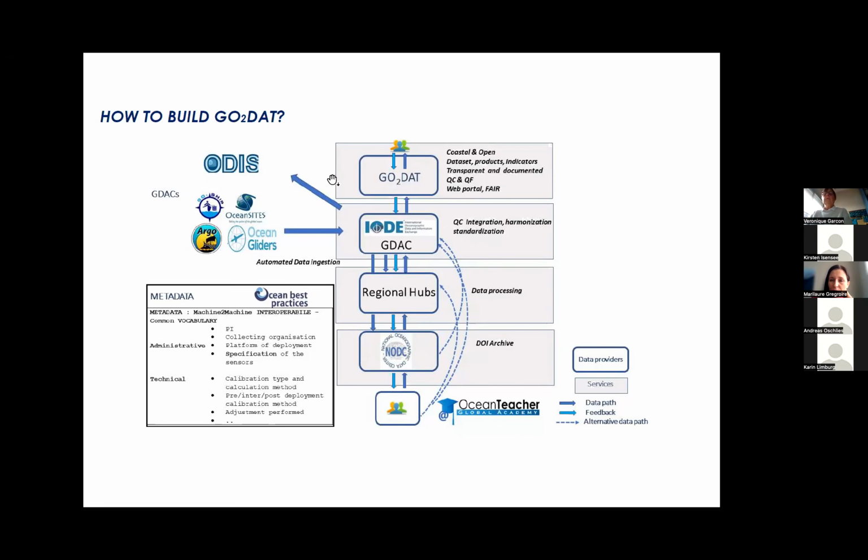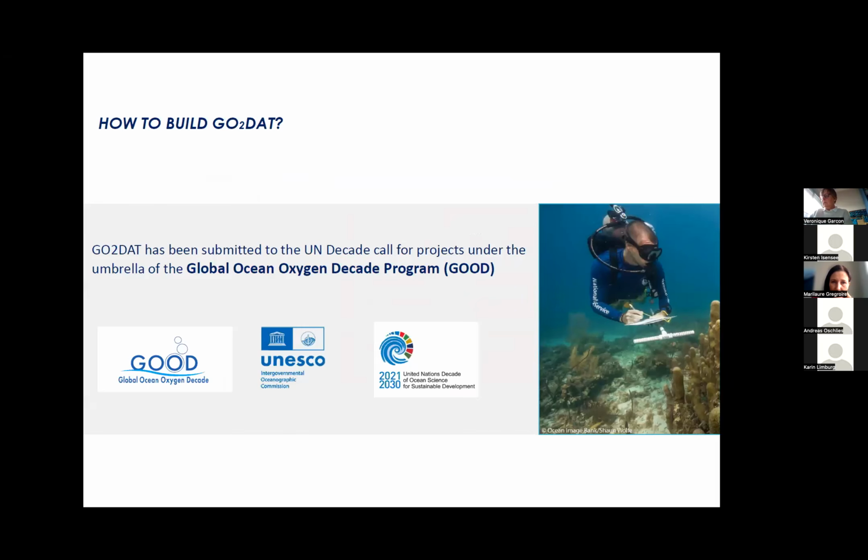Then, when we will have this GO2NE, we will have, of course, the building of the different data products in interaction with the users. So how can we build GO2NE? Does GO2NE exist already? No, it does not exist, but we know there are already very good initiatives.